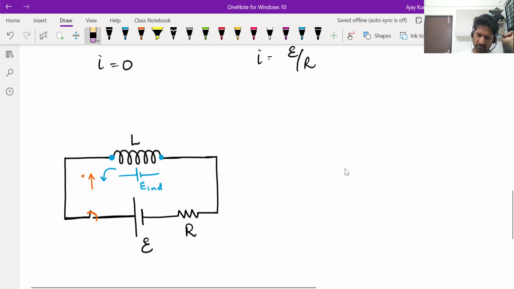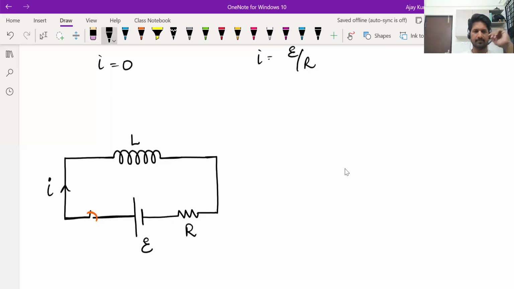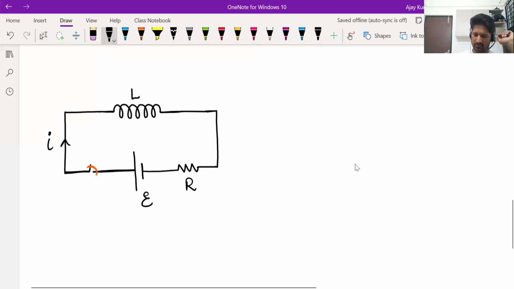Suppose the switch was initially closed and some current was flowing in this circuit. Okay, let's say some current I was flowing already. Now you open the switch. Here the current is non-zero.